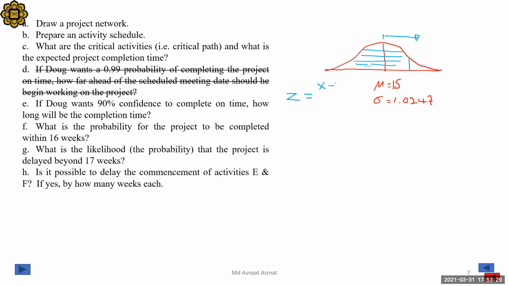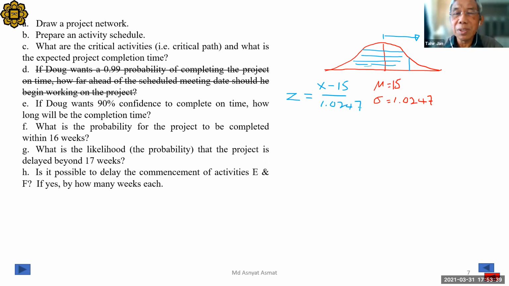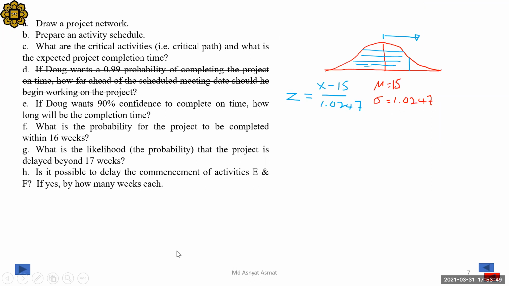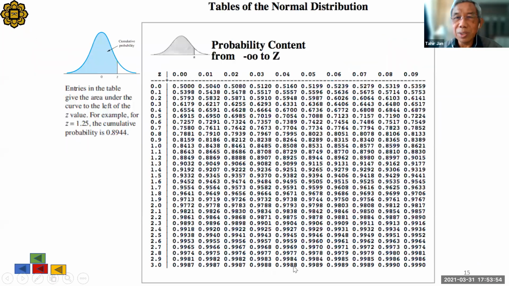Z is X minus mu, which is 15, over 1.0247. So now, as was said just now, look at the table. Okay, where is Z? We are looking at 0.9. Take note.